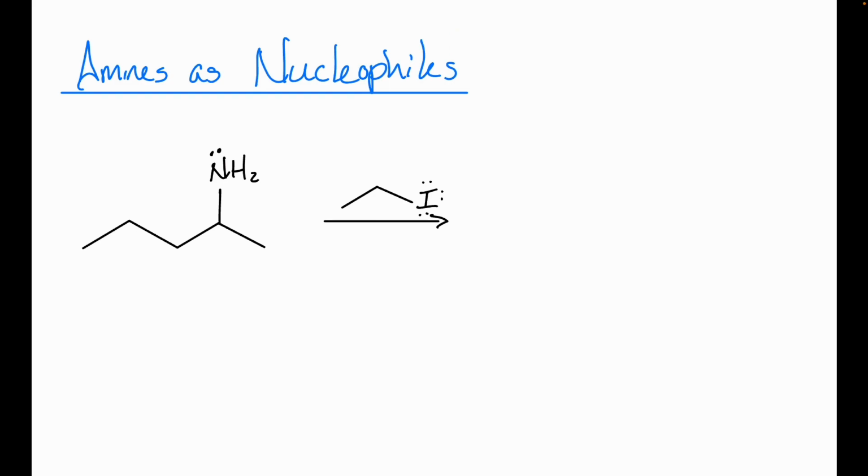All right, remember alkyl halides are good electrophiles, so that lone pair on that nitrogen can attack that electrophilic carbon and kick off that iodide leaving group. Okay, so if we draw our product of this first step here, importantly though, this thing is also an amine.